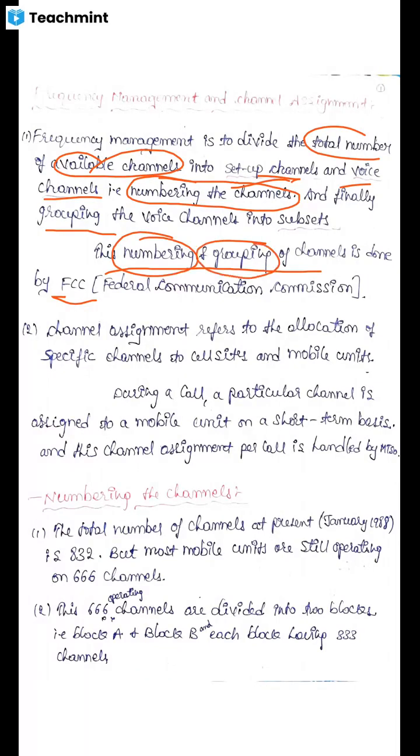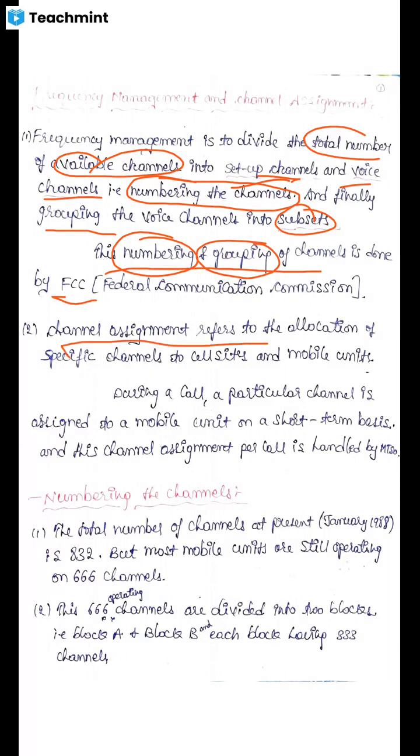First we number the channels, and later we group the channels into subsets. You already know what is meant by subsets. Subsets means the set of voice channels are again divided into subsets. This is about frequency management.